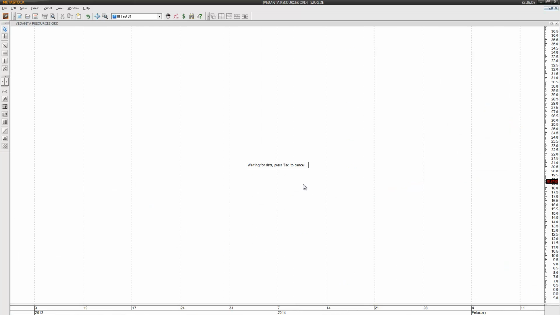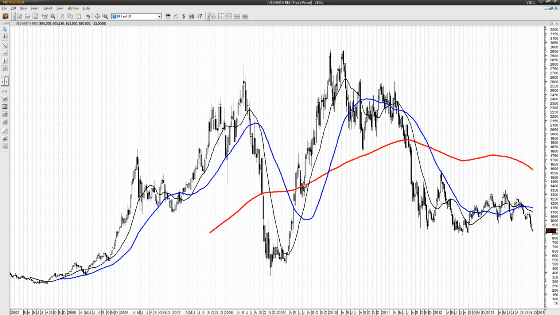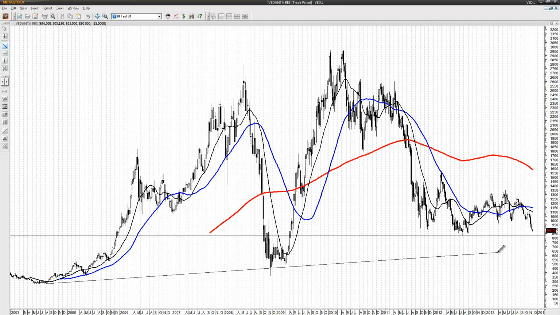Next chart, Vedanta Resources from the London Stock Exchange. I use this trough, and I'm also using this trend line.